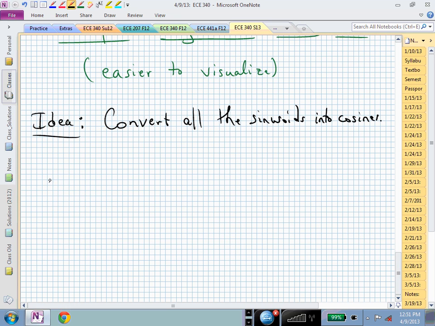Suppose that we want to write this as capital C sub n cosine of n omega naught t plus theta sub n.